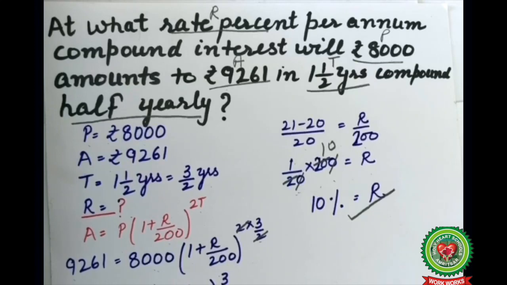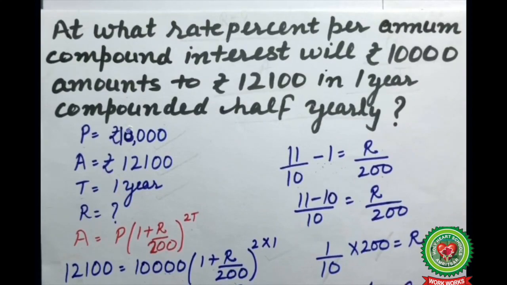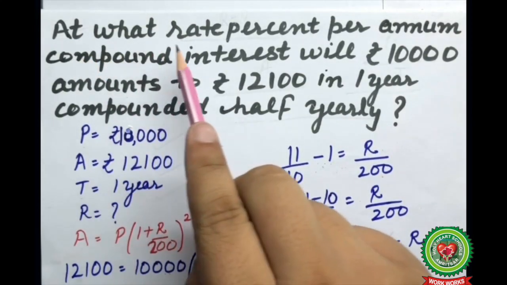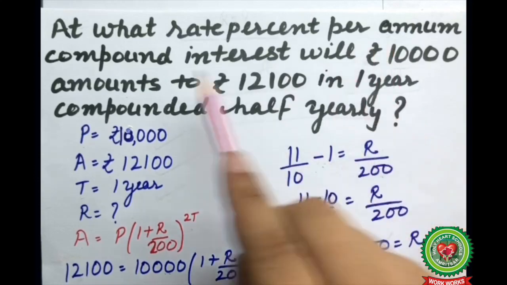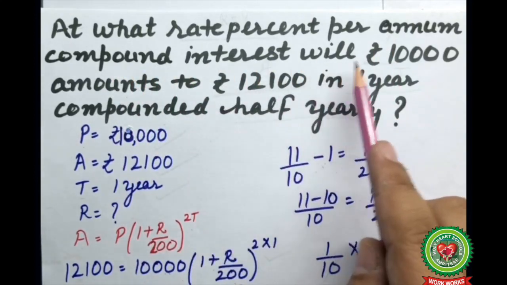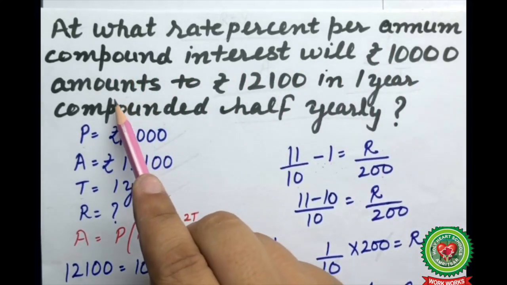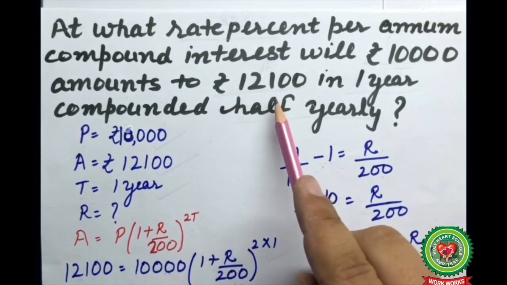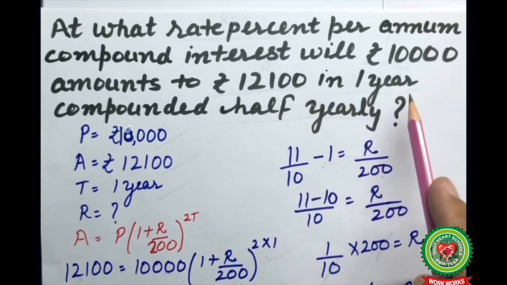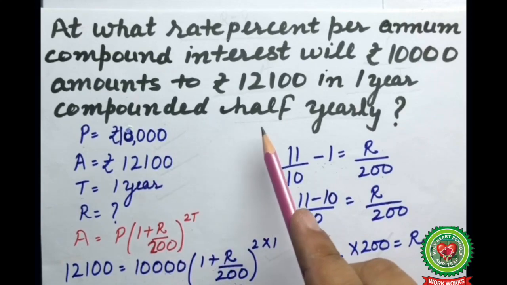So let us discuss one more sum for the better understanding of this concept. The second example is, at what rate percent per annum compound interest will rupees 10,000 amounts to rupees 12,100 in 1 year compounded half yearly.